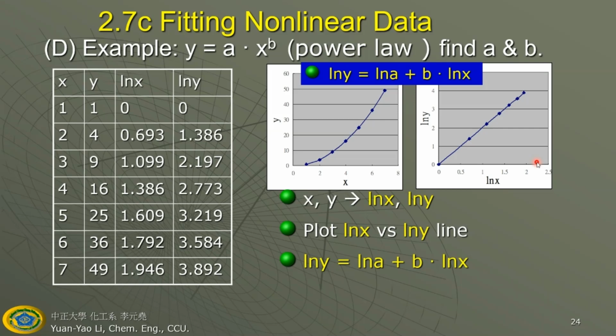Now the problem is how to find a and b. If you find a and b, you have this equation, and you know how to predict, for example, when x is 8, what is y, or when x is 3.5, what is y.